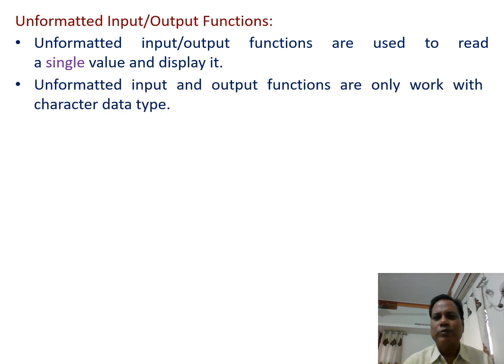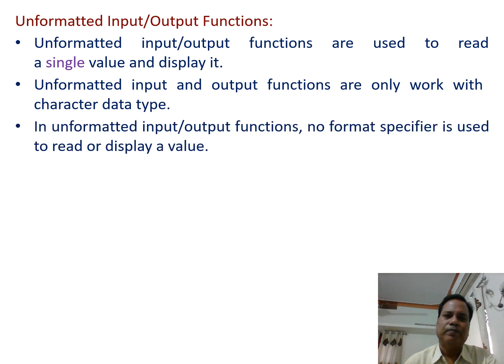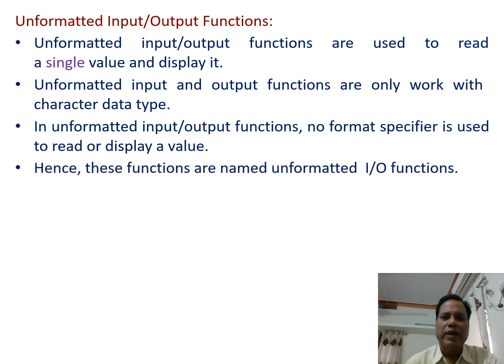They only work with the character data type. In unformatted input-output functions, no format specifier is used to read or display a value. Hence, the functions are named unformatted input-output functions.